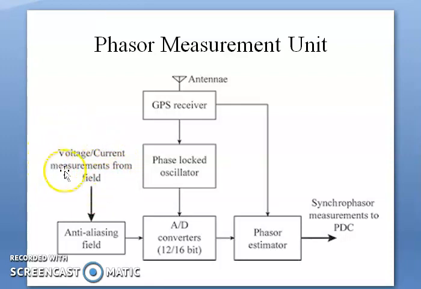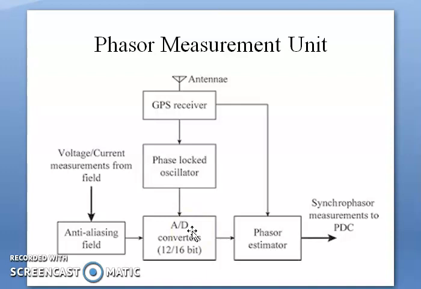With the help of CTs and PTs, this voltage and current are passed through anti-aliasing filters so as to restrict the signal bandwidth according to the sampling theorem. In the previous lecture we have seen what the aliasing issue is and the concept of using anti-aliasing filters. The input is then converted into digital format with the help of this A to D converter.